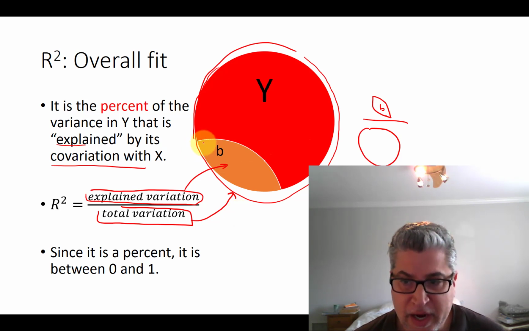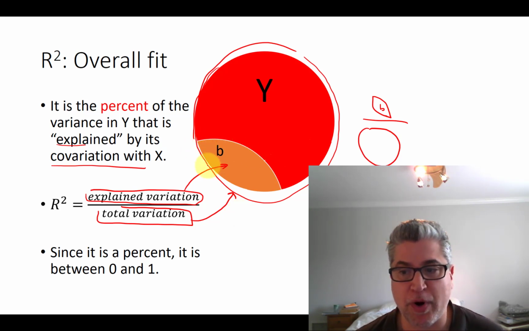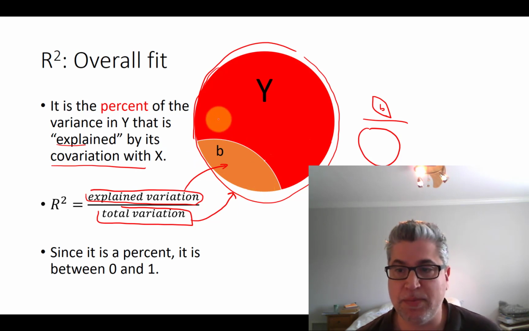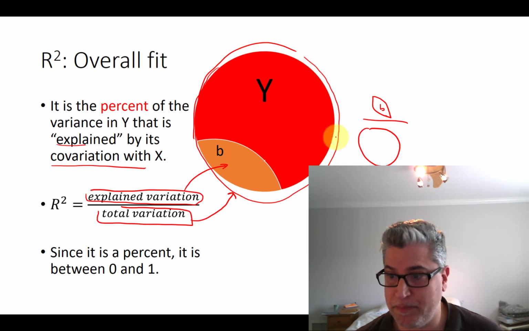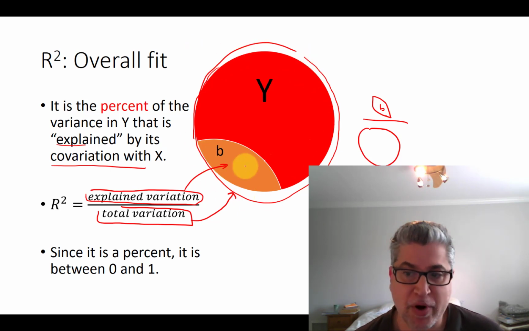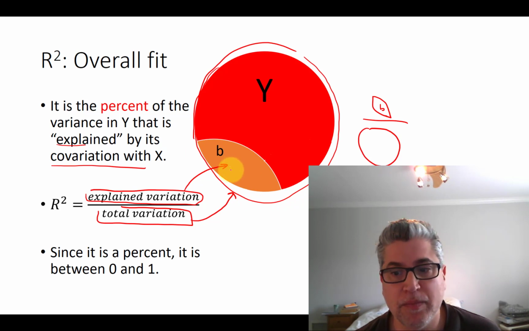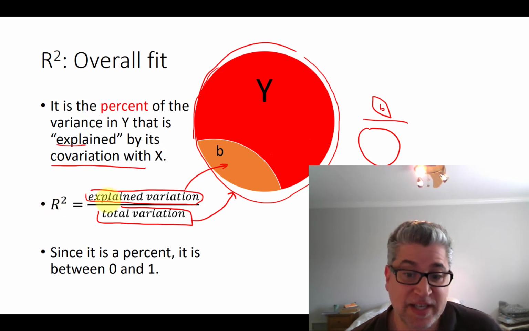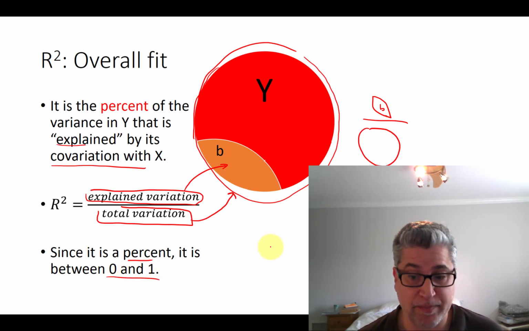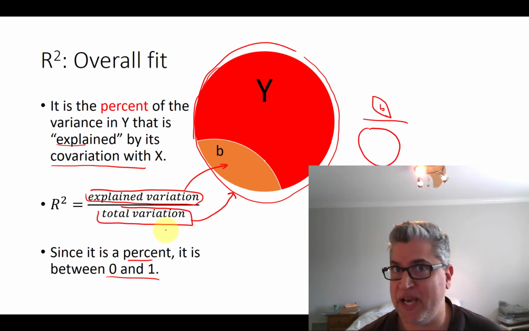Now the little area of overlap, that orange part, is always going to be smaller than the original big red circle, the giant part, because the giant part includes the orange part. So r squared, since it's a fraction or a percent, is always going to be between 0 and 1. And that's going to help us get a handle on what r squared means.